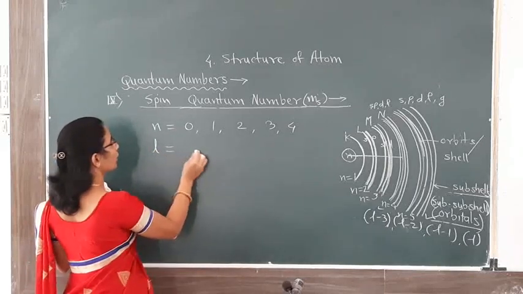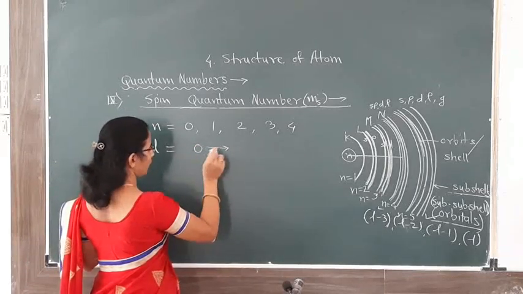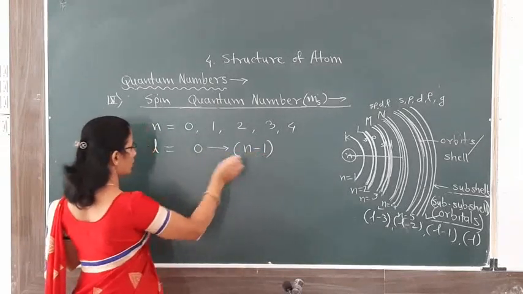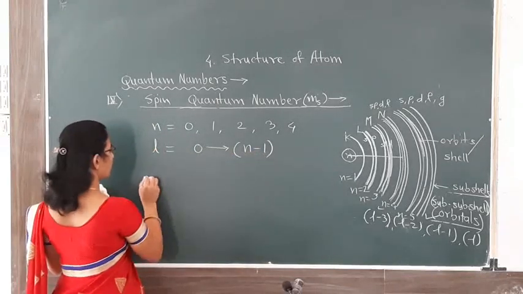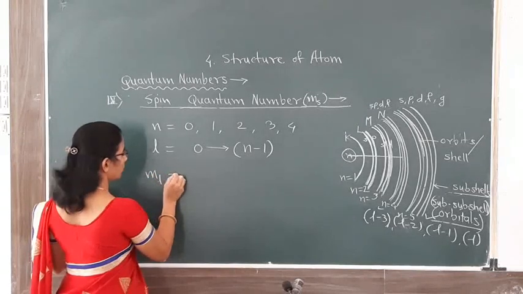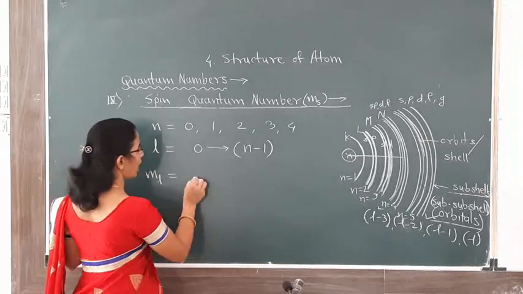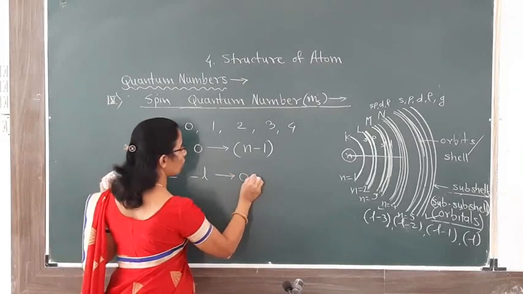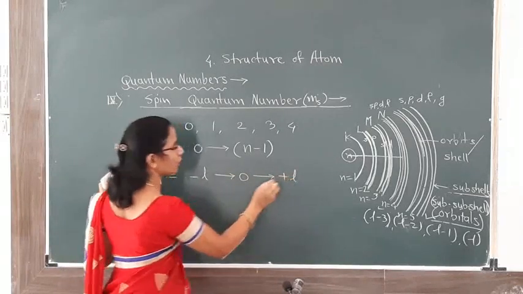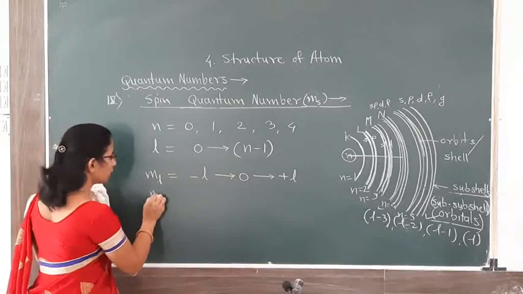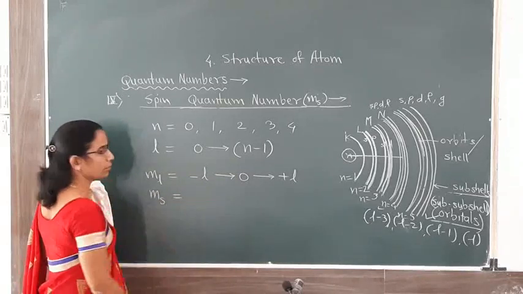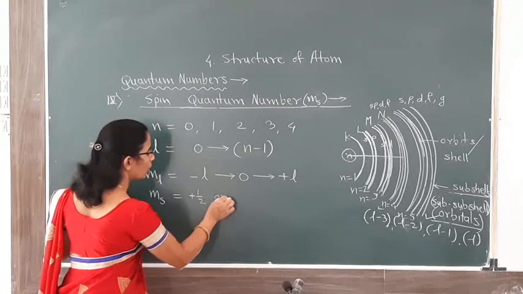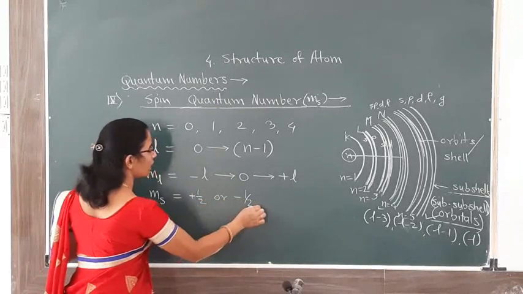The azimuthal quantum number is having the values ranging from 0 to n-1, while the magnetic quantum number is having the values which are ranging from -L, go to 0 and end with +L, while the spin quantum number is having either +1/2 value or -1/2 value.